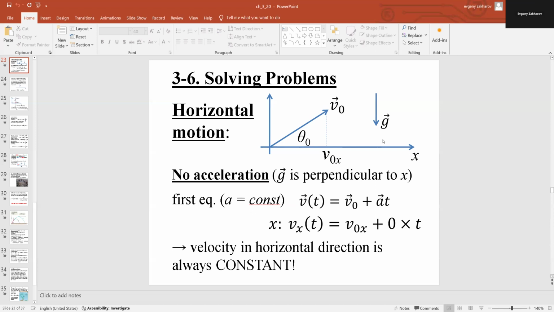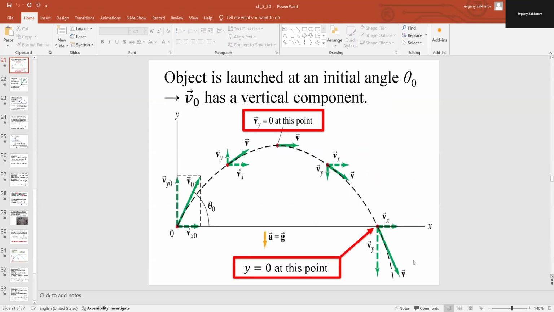Because acceleration is perpendicular onto x, there is no change to velocity with respect to the x component. No matter what the time is, your velocity stays constant. And we actually have another diagram for this.